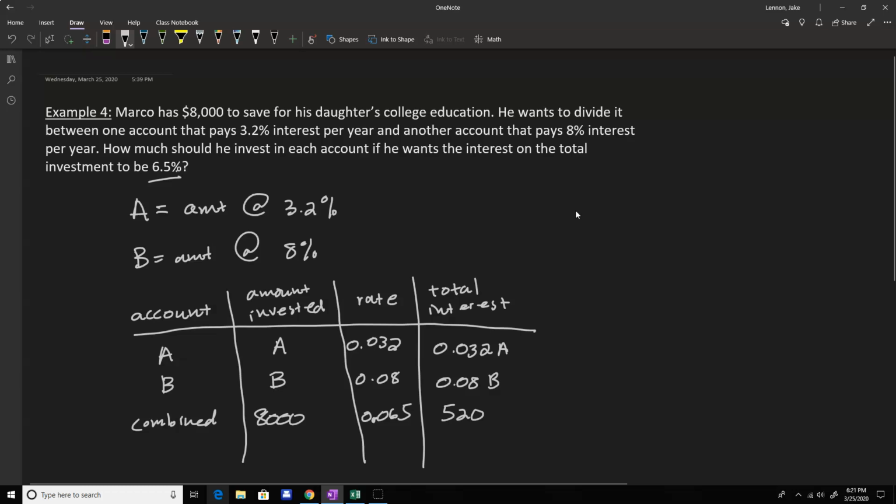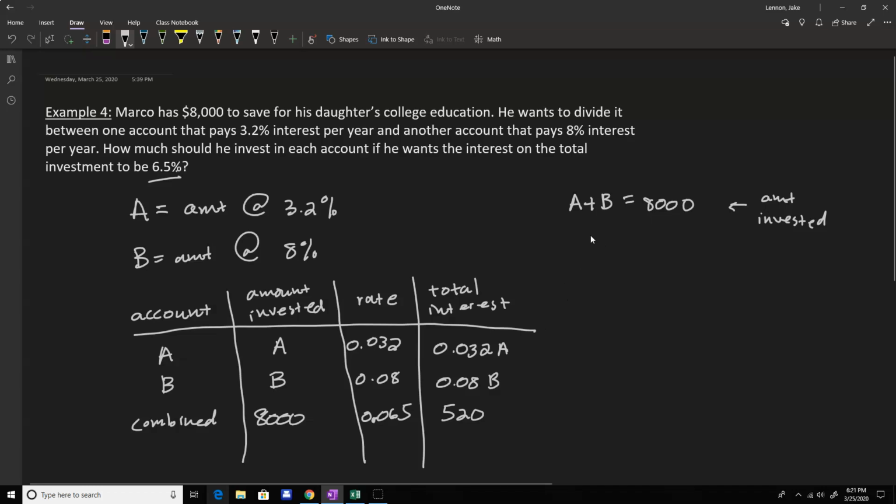Okay, so we have our 2 amounts. We know that if you take the money from A plus B and add that together, you get $8,000. So this is the amount invested equation. For the second one, we have the total interest equation, which we get from adding 0.032A and 0.08B.